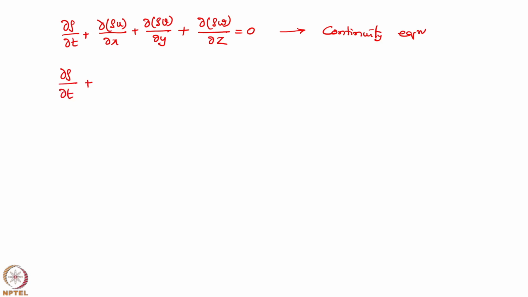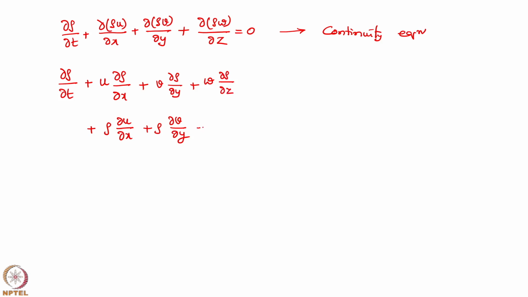So I keep rho constant and differentiate u, and subsequently the other one, that is u dou rho by dou x plus rho dou u by dou x, that is by differentiating, plus again v constant dou rho by dou y plus rho constant, now differentiate with y, dou v by dou y plus w dou rho by dou z plus rho constant dou w by dou z, all of this is equal to 0.